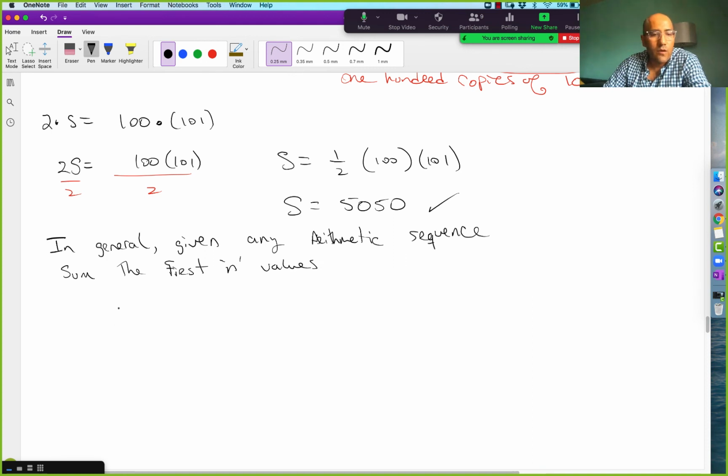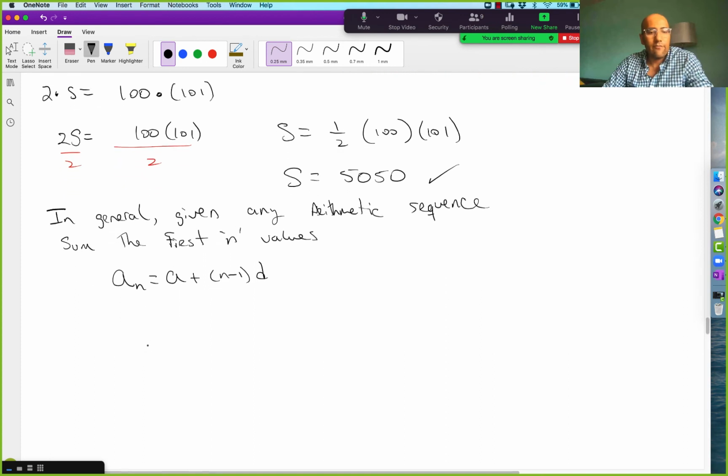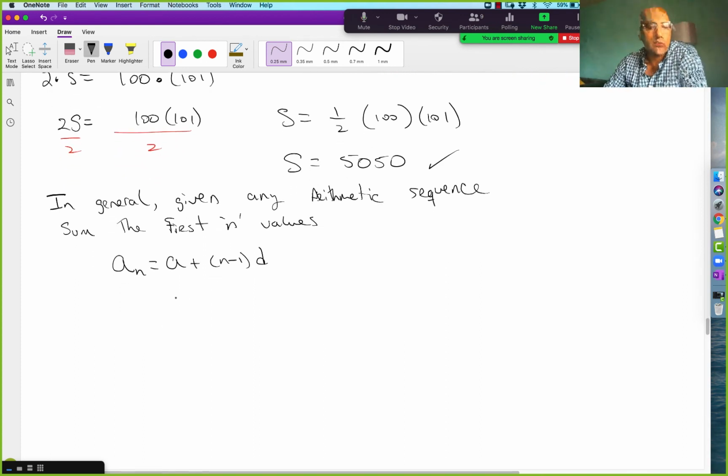Okay, so if it's any arithmetic sequence, we know that the formula is going to be a plus n minus 1 d. Right? So if we want to expand the first n numbers of my sequence, a is the first one, right?